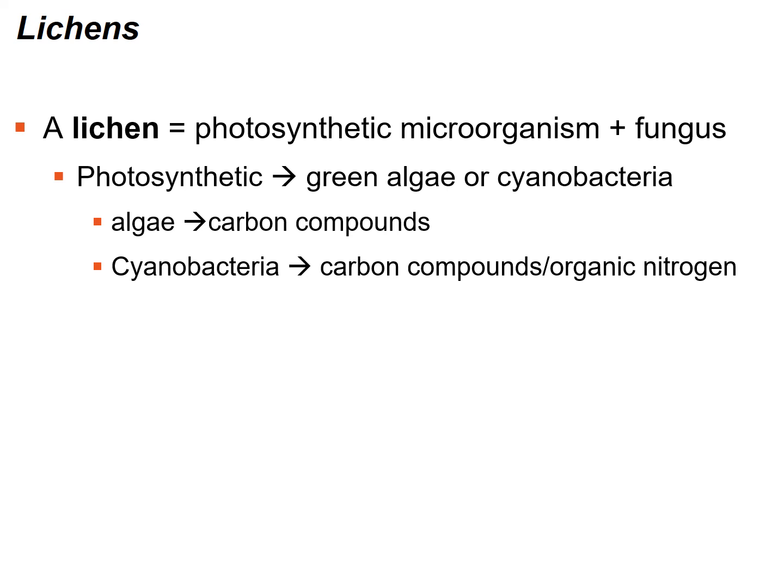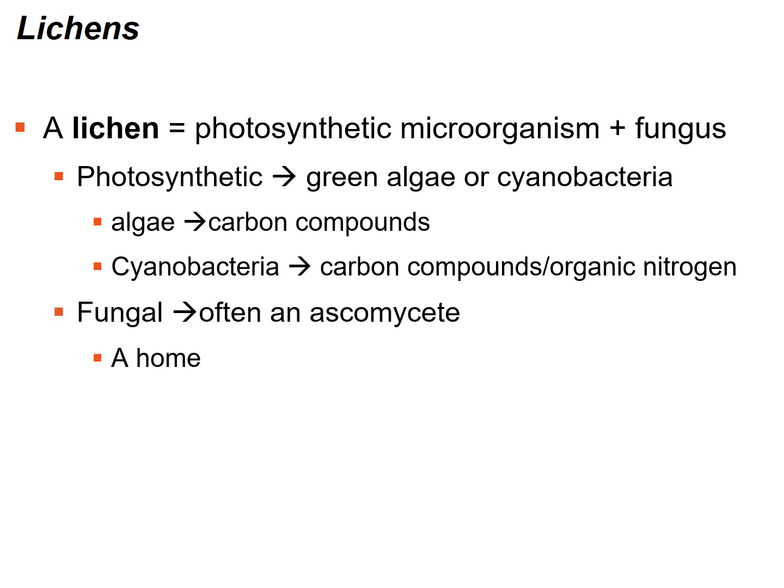The algae are going to contribute carbon compounds to the fungus, and the cyanobacteria will contribute carbon compounds and organic nitrogen. The fungus generally provides a home for the other organisms, so it's a mutualistic relationship, also more generally called a symbiotic relationship.